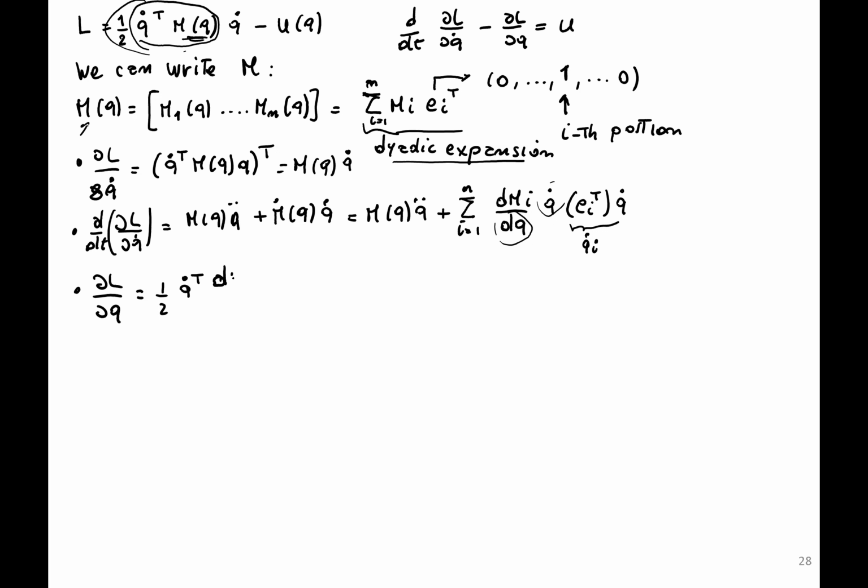We do the derivative of M, because M depends on q, we use the differential, not the partial derivative, and then we write it like this, minus the potential energy, which does depend on q as well, and we also differentiate that one. And this one, again, we can use the dyadic expansion of the derivative of the column.